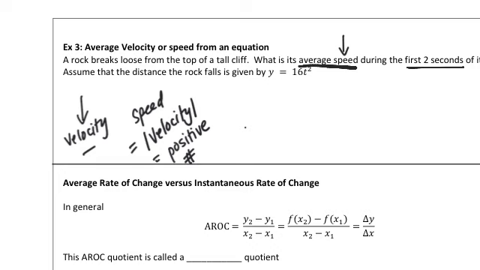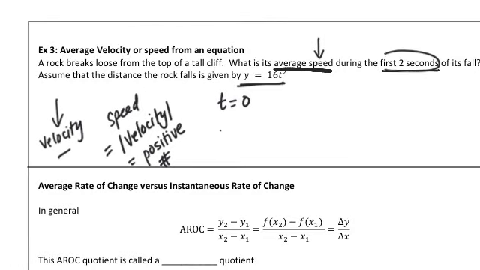So it's an average, so again, it's going to be just a rise over run calculation or a distance over time calculation. We know that at the beginning, it hasn't fallen at all, right? The distance is, you would go t equals 0, that would be the beginning, or it said the first 2 seconds, right? So your t1 is 0, and your y1 is 16 times 0 squared, or 0.